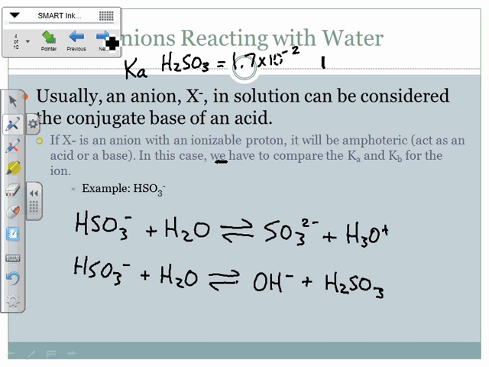And then the Ka for HSO3 minus, if it still acts like an acid, is 6.4 times 10 to the negative 8.